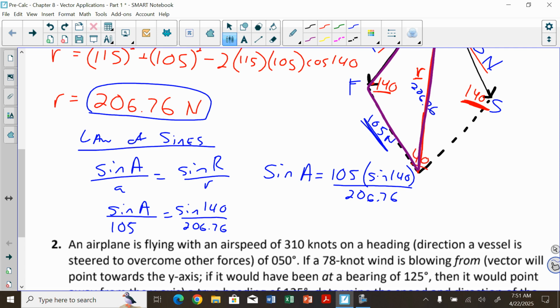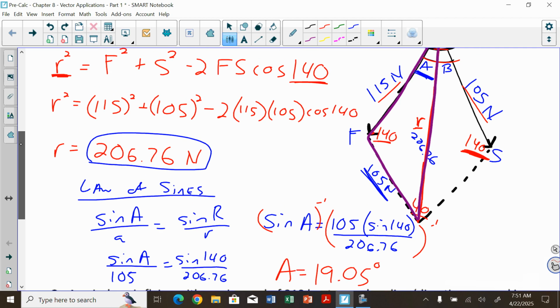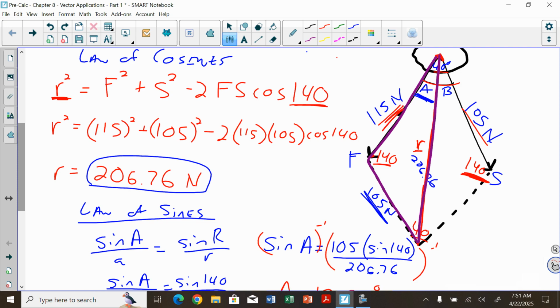So you're going to end up getting, and remember, then you have to do the inverse sine. Whatever you get here, remember we're trying to find an angle, so take the inverse. You should get angle A equals about 19.05. Now I skipped a couple steps there, but 19.05 degrees. Remember, it can't be 20 and 20 because we have different forces coming across. So we couldn't just break this 40 into 20 and 20.